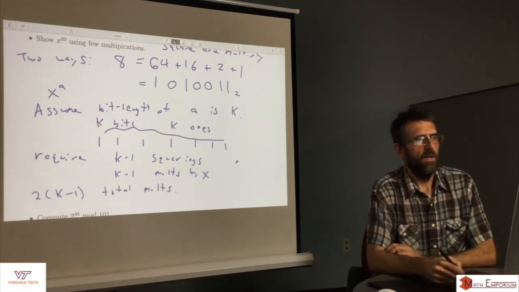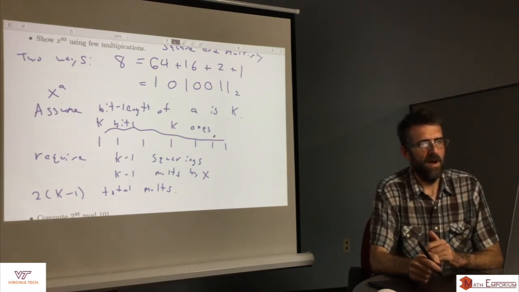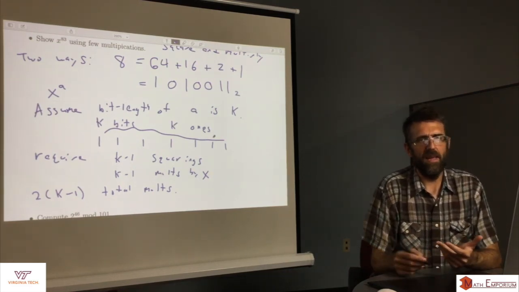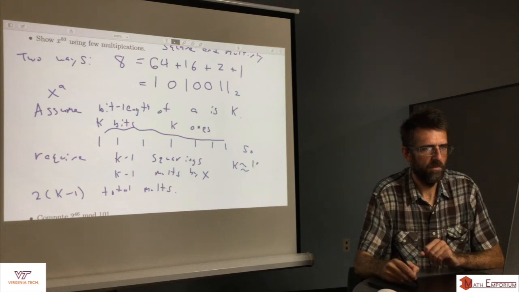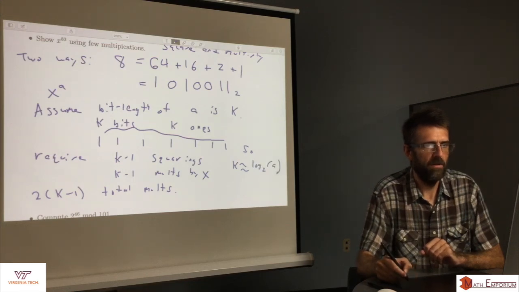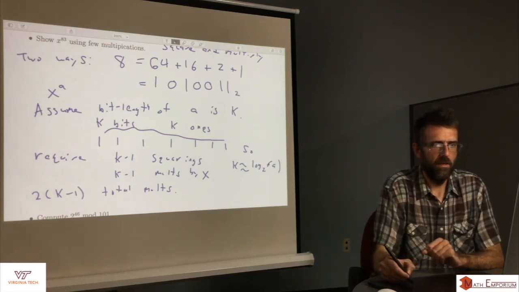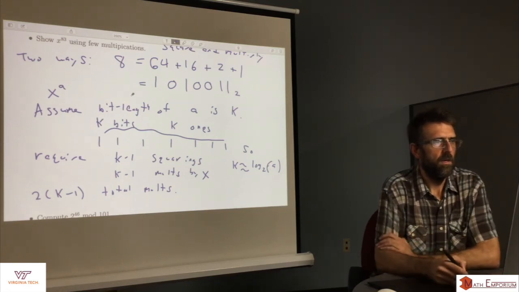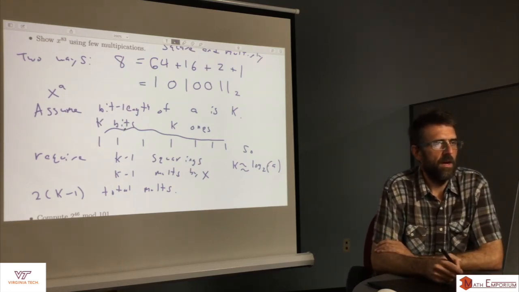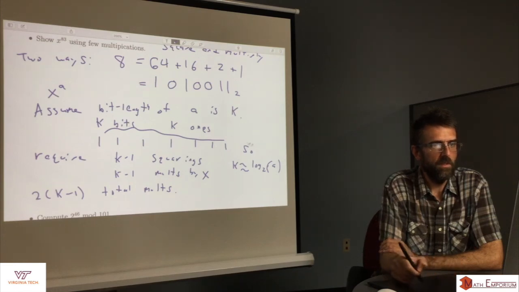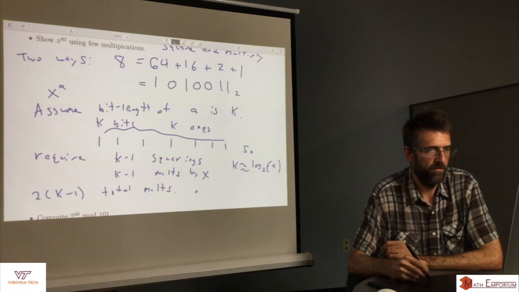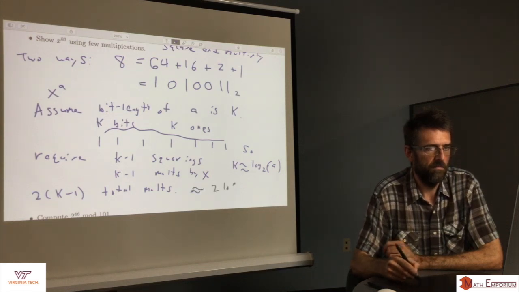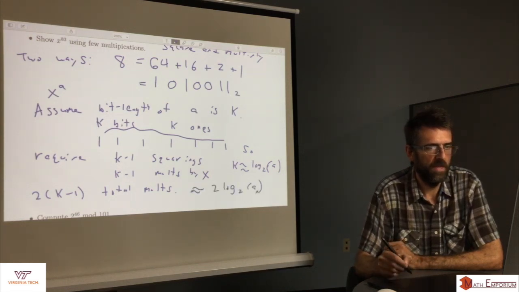If the bit length of a is k, that means that k is approximately log base 2 of a. So this will be approximately 2 times log base 2 of a.